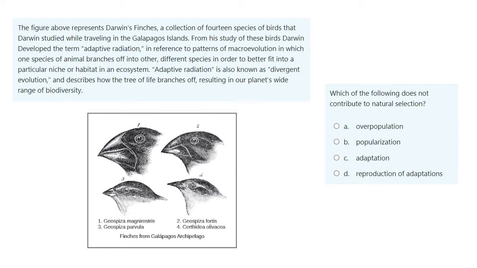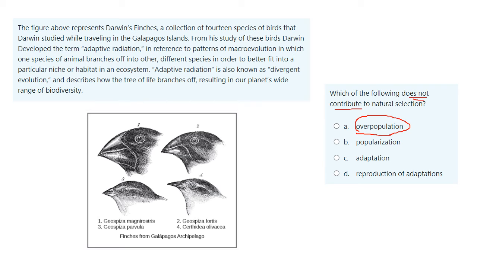Staying with the same passage, which of the following does not contribute to natural selection? So we've already talked about that. When there is overpopulation, that means there are too many organisms to live in one ecosystem. There might not be enough food or enough resources or enough shelter or enough space, but there's not enough of something.